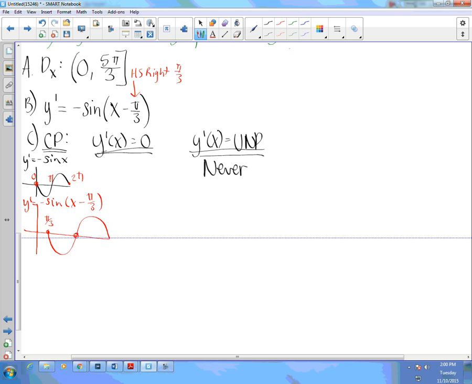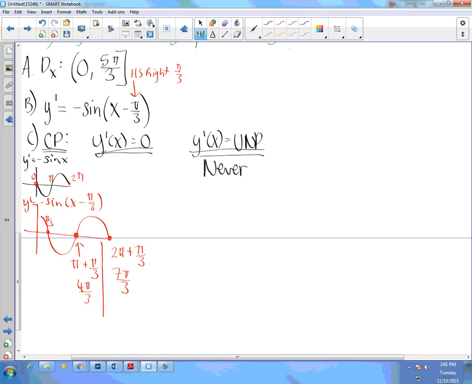And then where's the first other 0? It used to be at pi, but now it's at pi plus pi thirds. It's 4 pi thirds. This used to be 2 pi, but now it's 2 pi plus the shift to the right, pi thirds. So this is like 6 over 3, so 7 pi thirds.